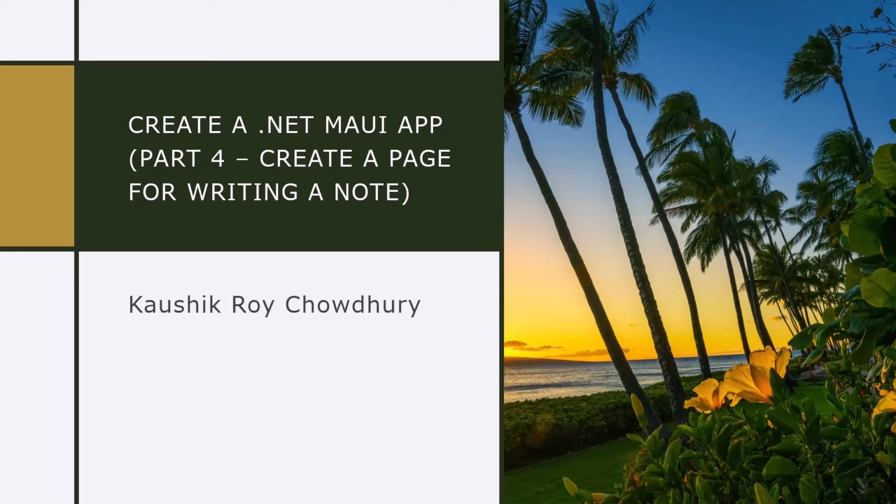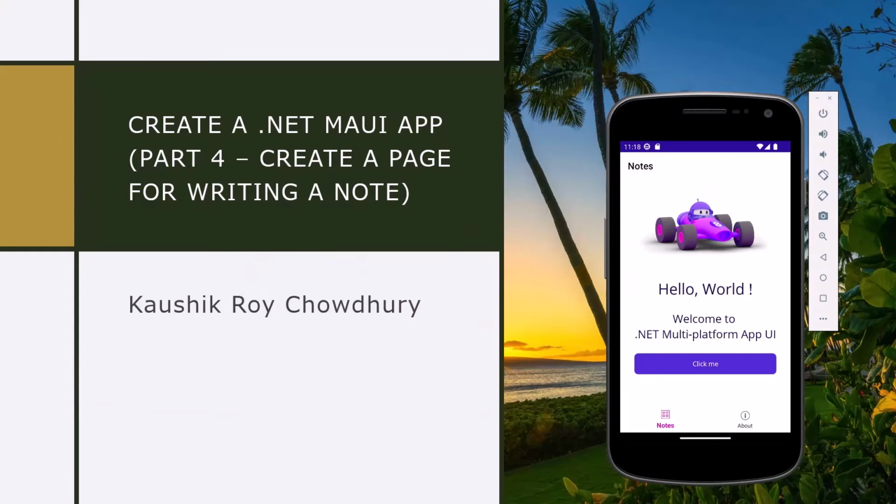Hello and welcome, friends. So today I will be taking our .NET MAUI Notes app from the last version of part 3, where we have actually seen this. We have seen that I have got a Notes tab and an About tab.